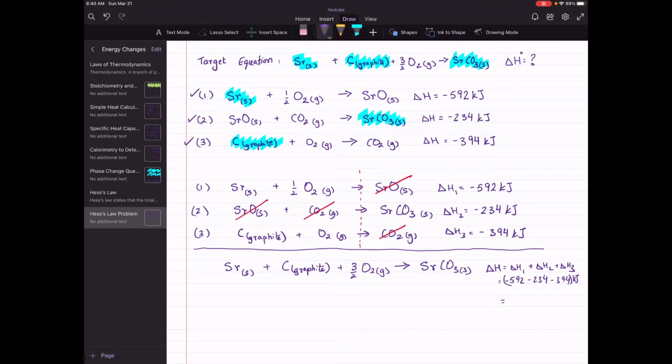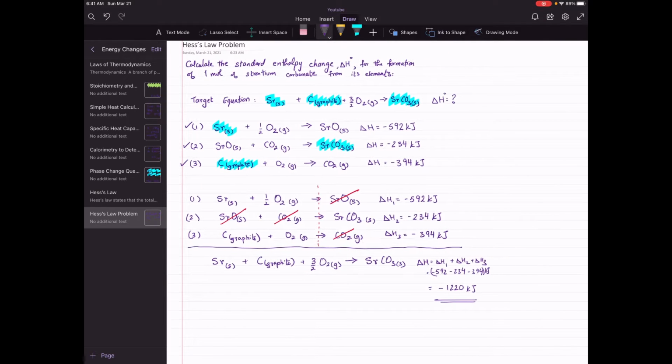Doing this on the calculator, negative 592 minus 234 minus 394 gives me negative 1220 kilojoules. So 1220 kilojoules negative is my change in enthalpy for this target reaction, and that is my final answer for this problem.